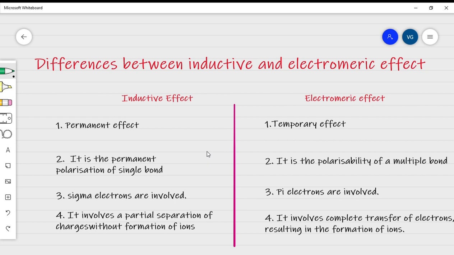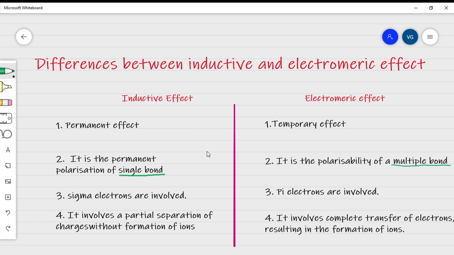Now the second point: it is permanent polarization of a single bond. This is a very important point, single bond. Inductive effect always happens with a single bond, and the electromagnetic effect always occurs with a multiple bond, either double bond or triple bond. As we know, all single bonds are sigma bonds.